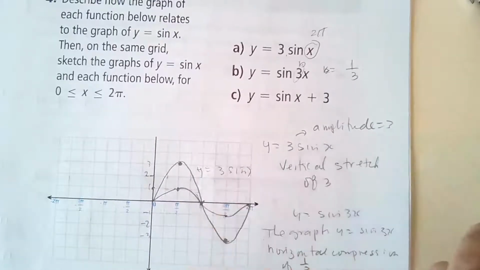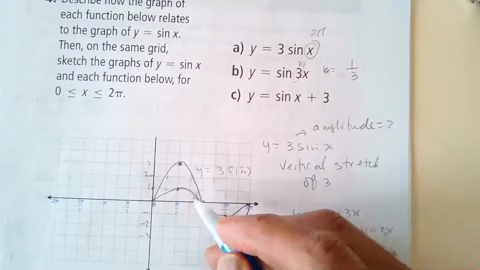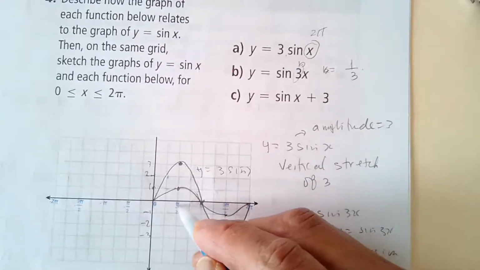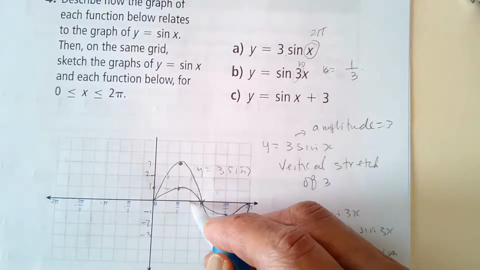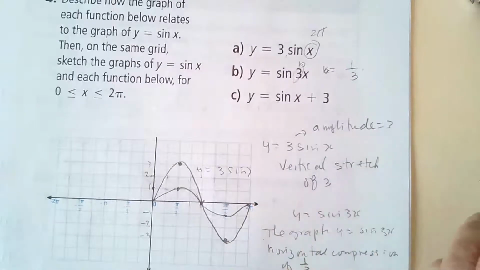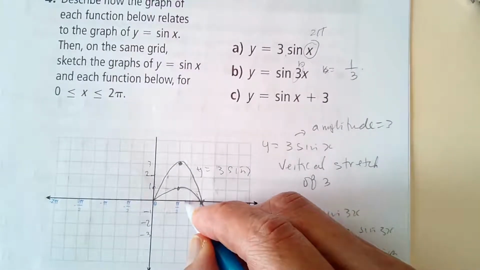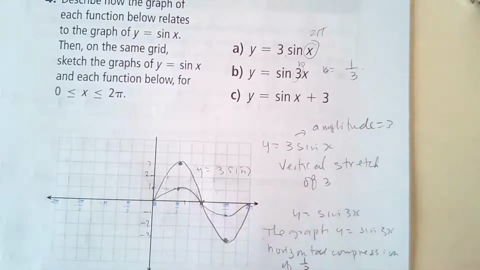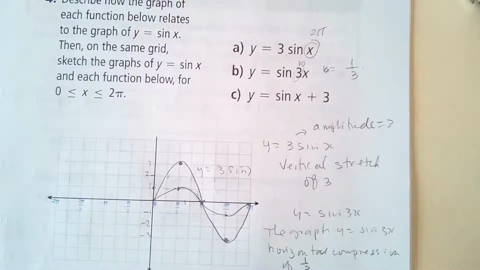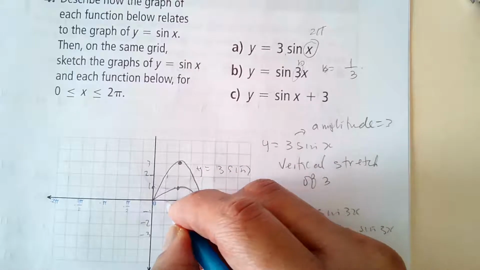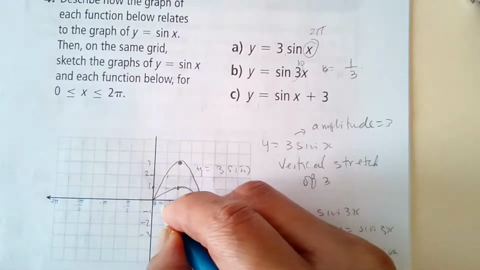So we have the entire period now. It's somewhere about 1/2 pi, 3/4 pi. So we know it's somewhere about here, is the period. So we have a compression.